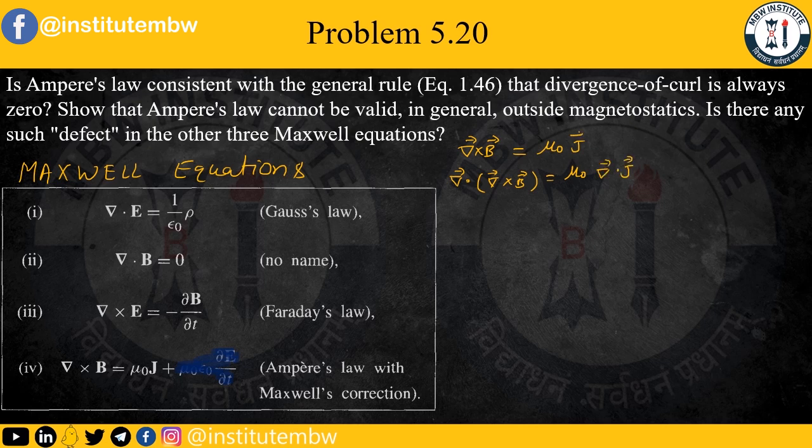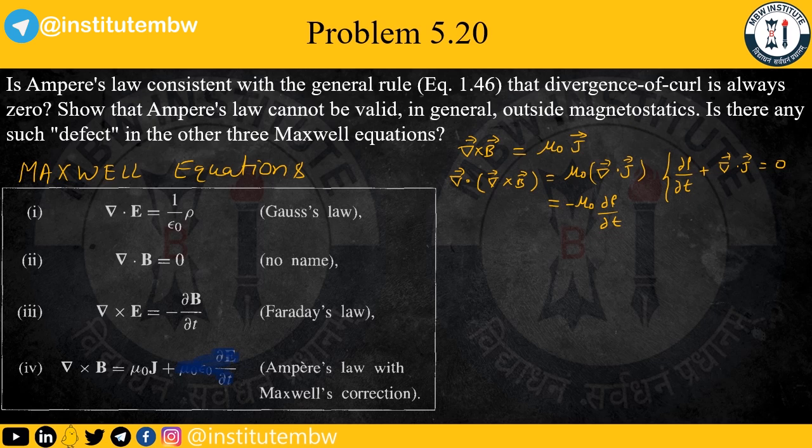From the continuity equation, we know that del rho over del t plus del vector dot J vector is equal to 0. So from here, this is minus mu naught del rho over del t. So this is not 0.